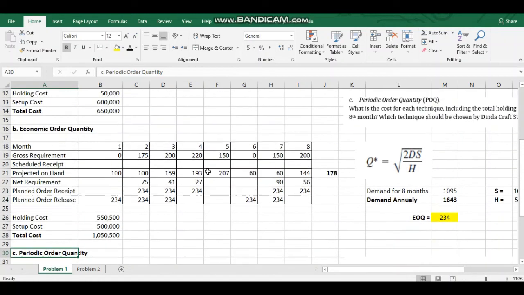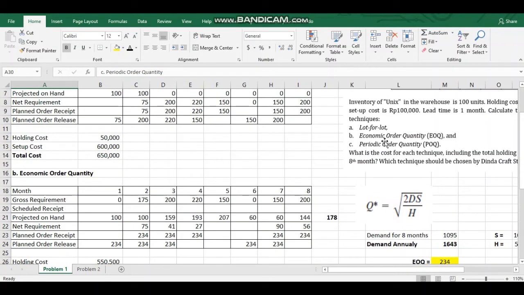Next, for periodic order quantity, the third technique. Basically POQ, or periodic order quantity, is an inventory ordering technique that issues orders on a predetermined time interval with the order quantity covering the total of the interval's requirements.